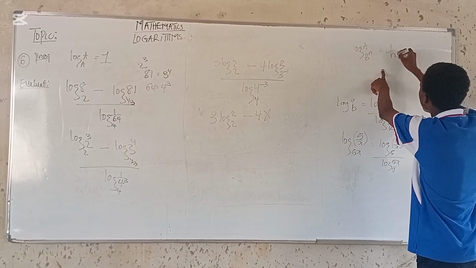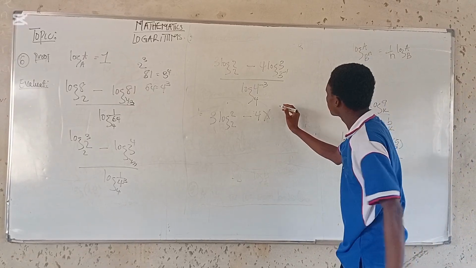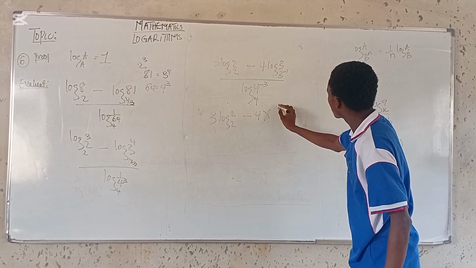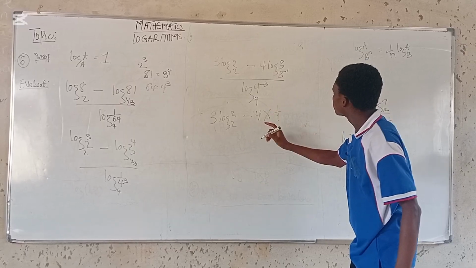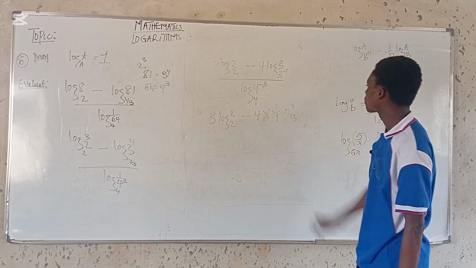So here becomes 1 all over n log a base b. So we have 4 times 1 over 1 minus 1 over 1 log 3 base 3.